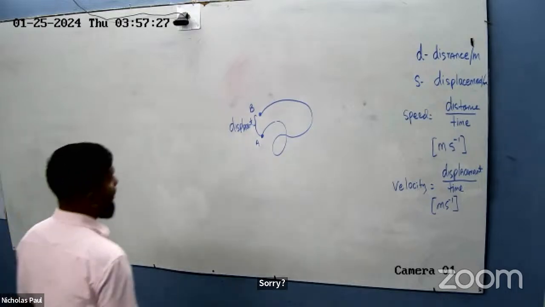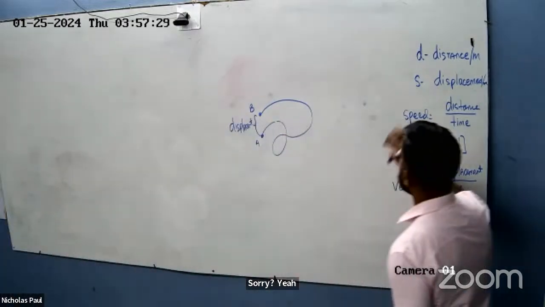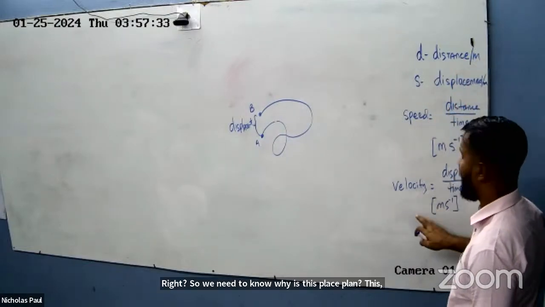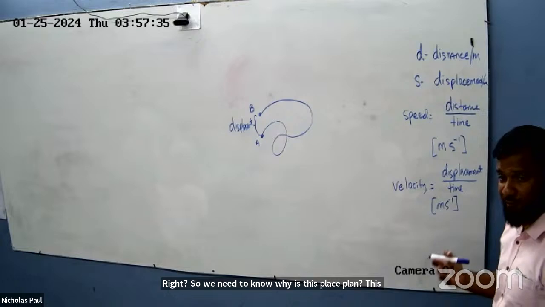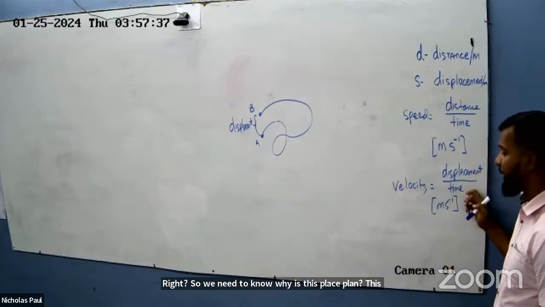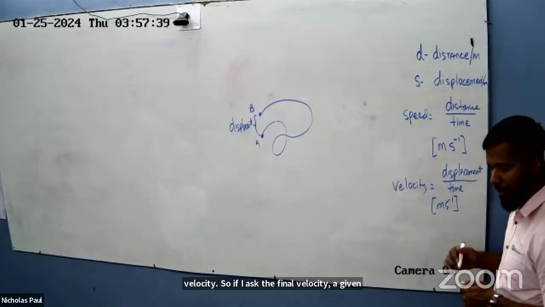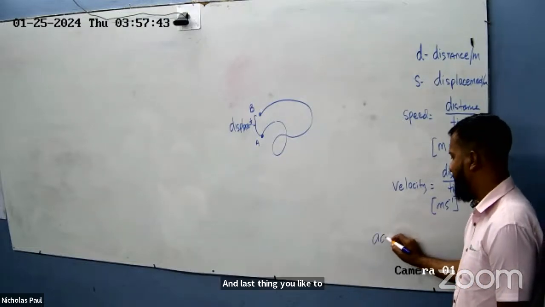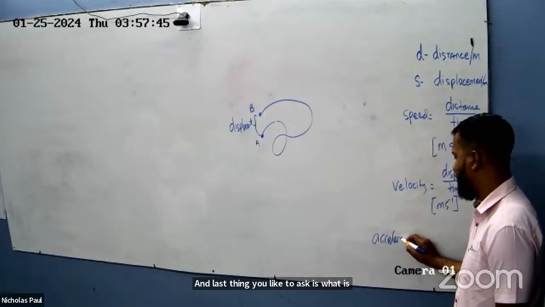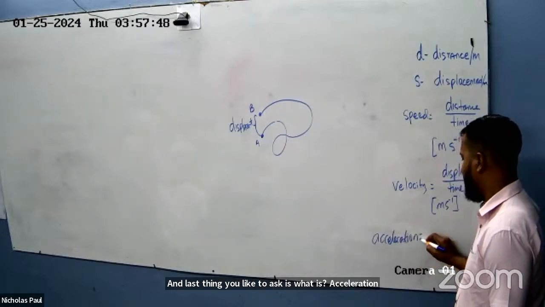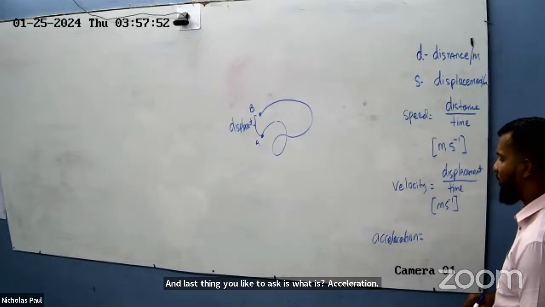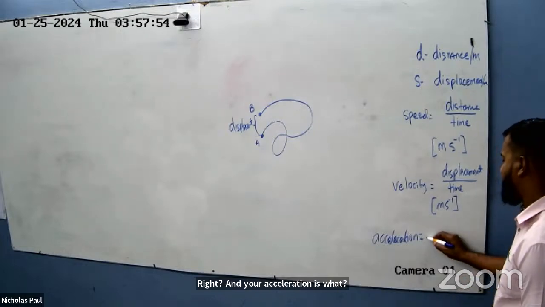Okay. So we need to know what displacement, distance, speed, and velocity are. So if I ask you to find velocity, you give me displacement divided by time. And the last thing they like to ask is what is acceleration? Ricardo, what's acceleration?